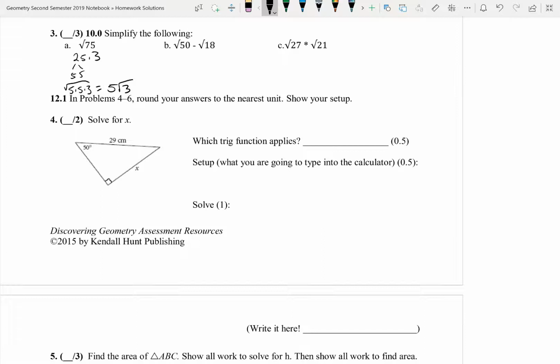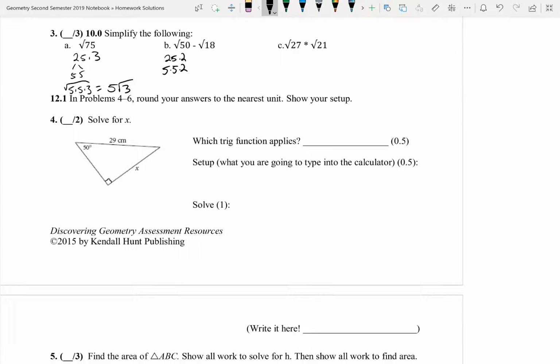Okay. In this one, this is going to be 5 times 5 times 2. Where did I get 5 times 5 from? Well, this is 25 times 2, and 5 times 5 times 2.